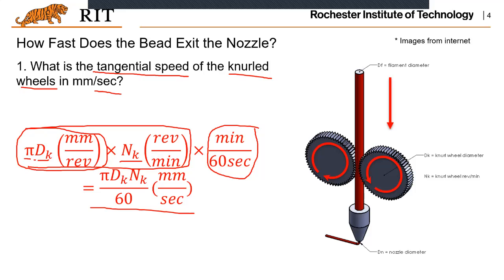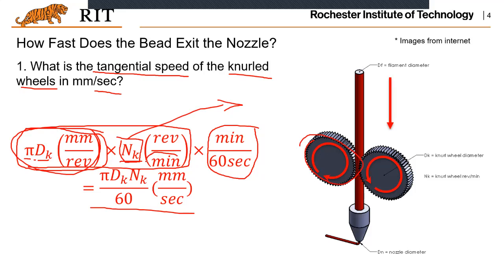Can you just explain what n sub k represents again? Is that a number of something? You mean N_k, right? Yeah, that's the revolution per minute. How many turns this circle will turn in 1 minute? Basically, this is the whole length of the circle for 1 turn.